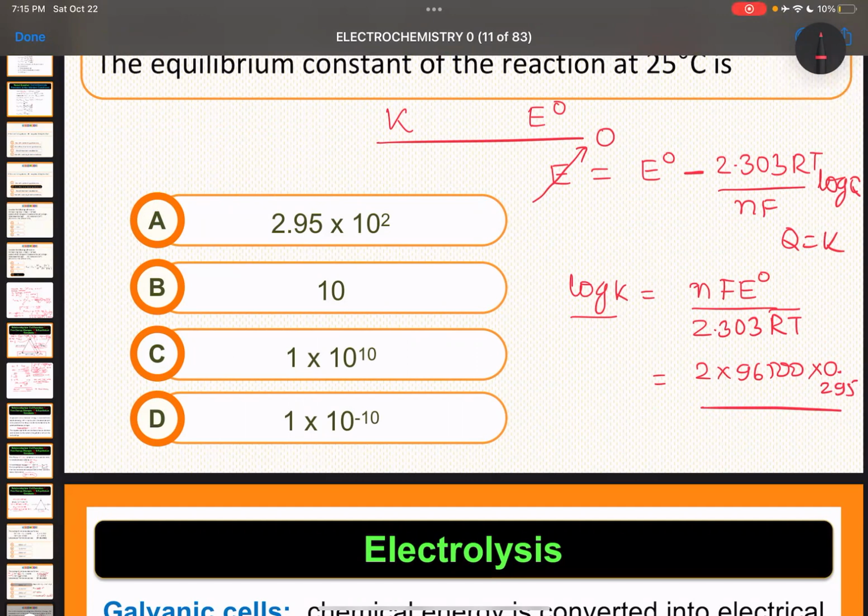Understood? 2.303, this or this, no need to put all the values, you can just show it.